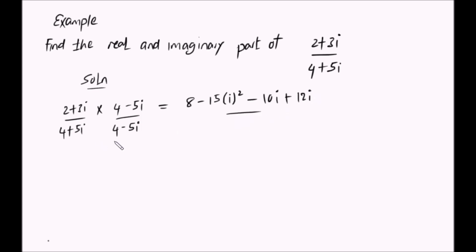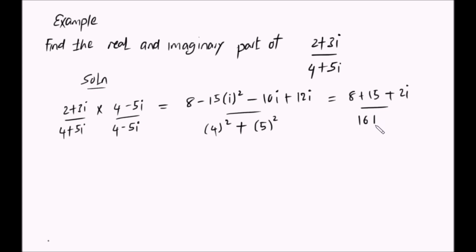All of this is over the denominator, which is a difference of squares, so it's 4 squared plus 5 squared. I squared is negative 1, and negative times negative is positive, so here we're going to have 8 plus 15, and then negative 10i plus 12i is just 2i. All of this over 16 plus 25.